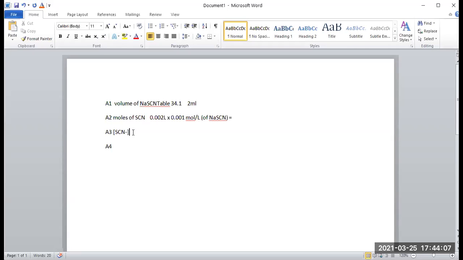All right, so then it says molarity of SCN, and you're going to have moles of your SCN, and this is from the line above, from A2.